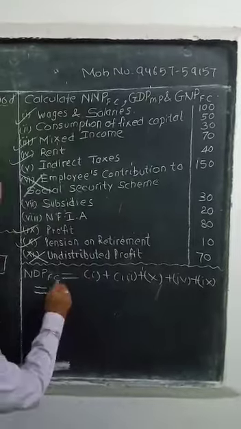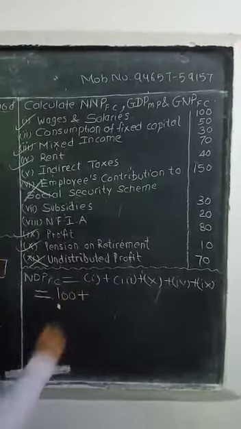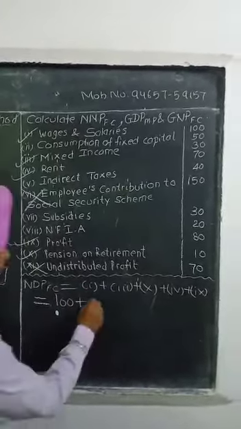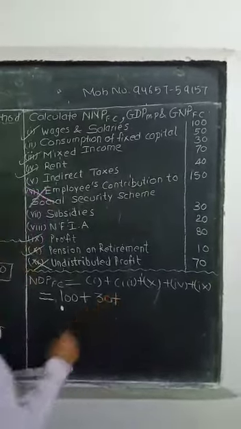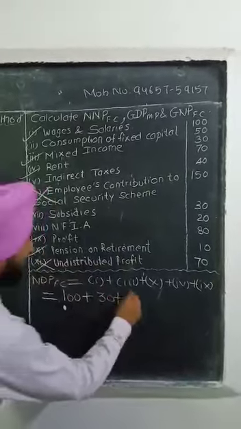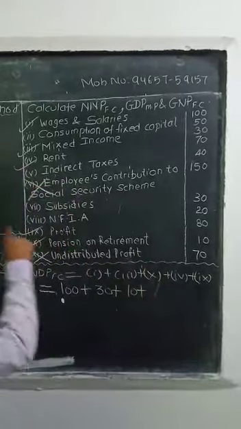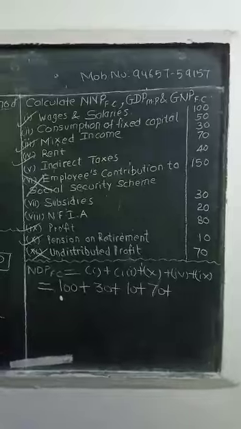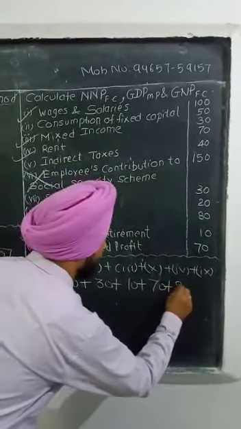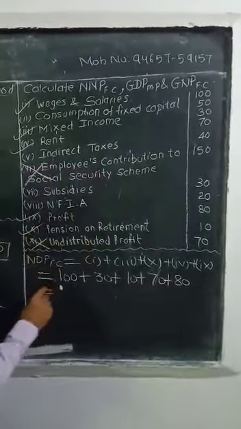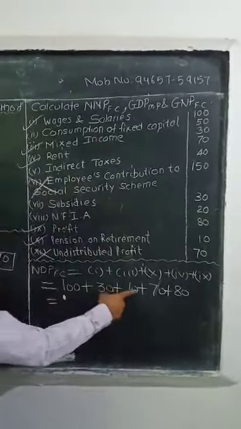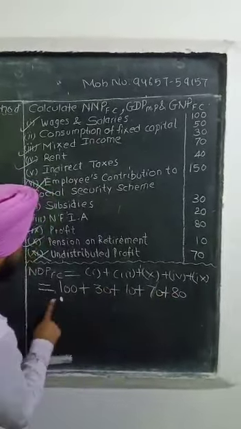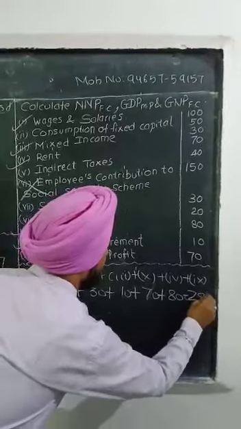Then add all these points. First one is wages and salaries, 100, plus the third point, mixed income, that is 30. Then the 10th point, 10. Then the fourth point, 70. Then the 9th point, 80. Add all these points: 130, 140, 210, that is 290. I think here it is 290.